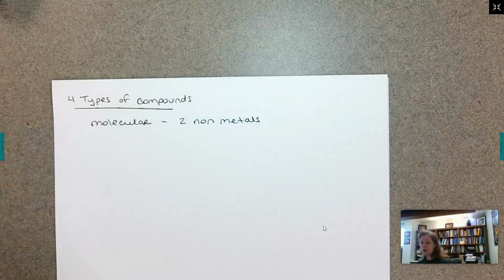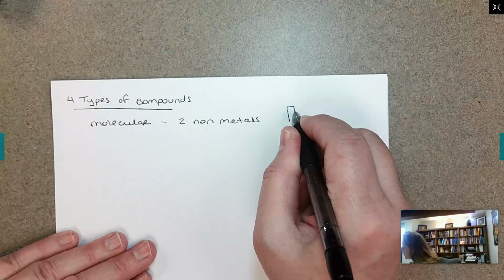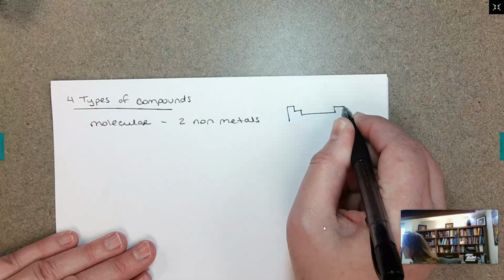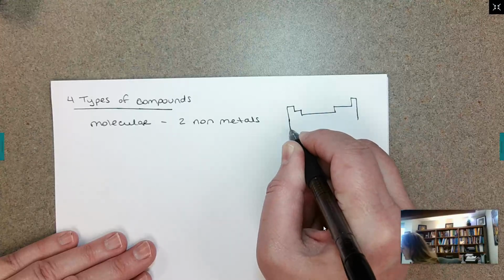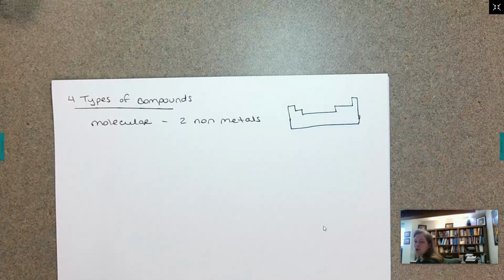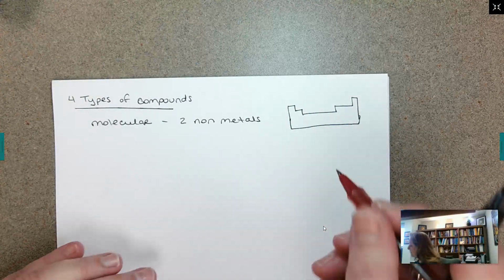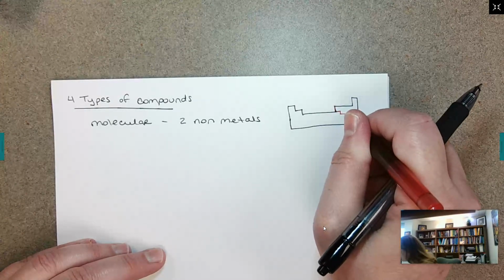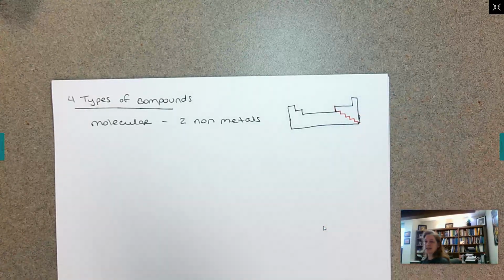Now, you have to remember where your non-metals are on the periodic table. If we look at my little crude periodic table, you have a metalloid line that runs right through here. You should have that marked on your periodic table so you know where it is.